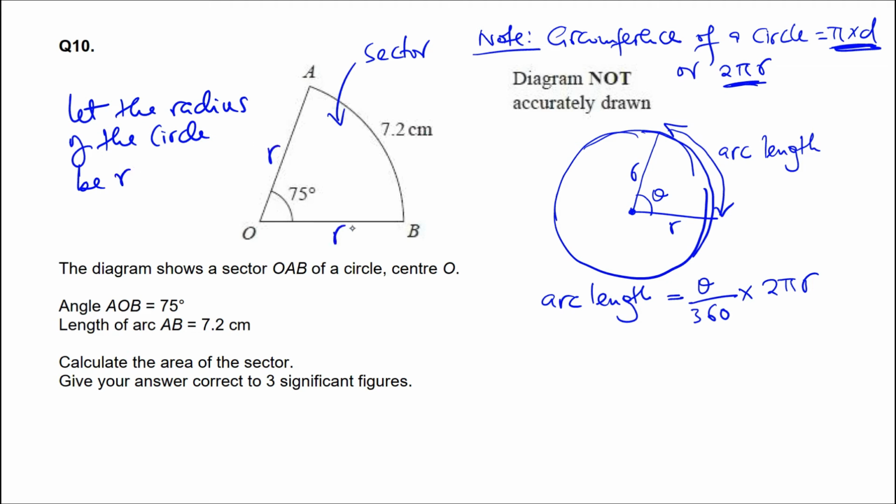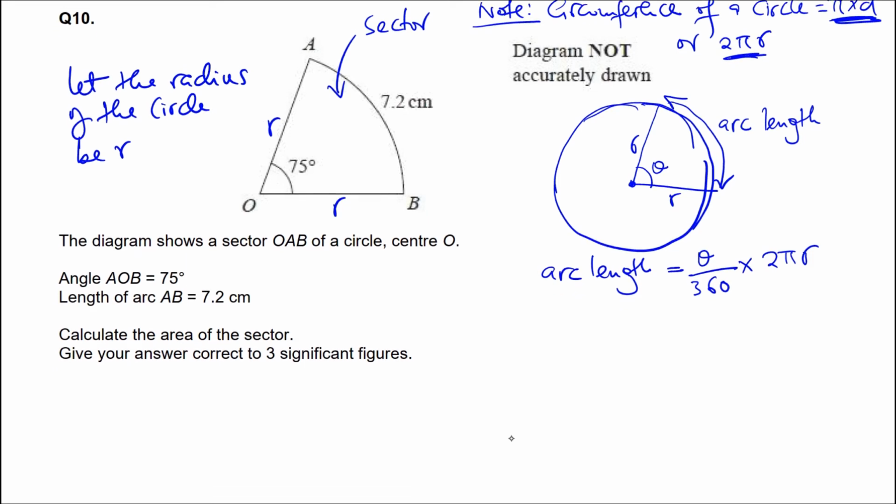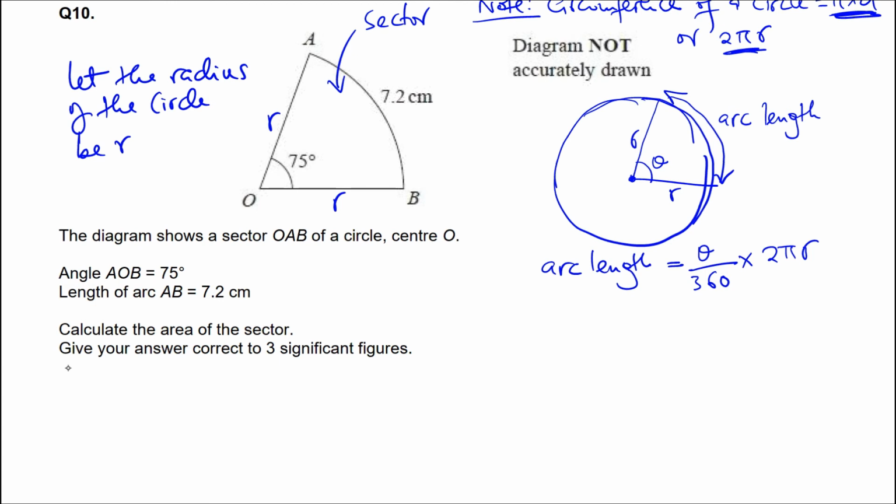Then that will mean that the arc length, which is 7.2, will be equal to theta, which is 75, over 360 multiplied by 2 pi r, because we don't know what r is.